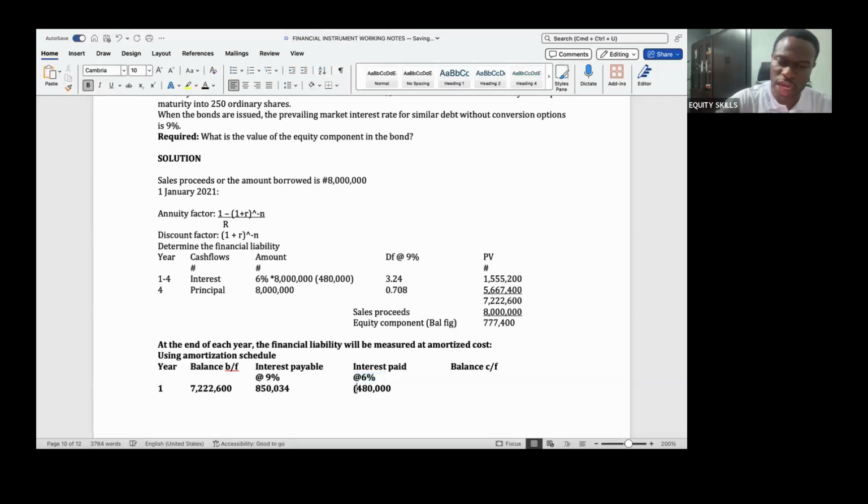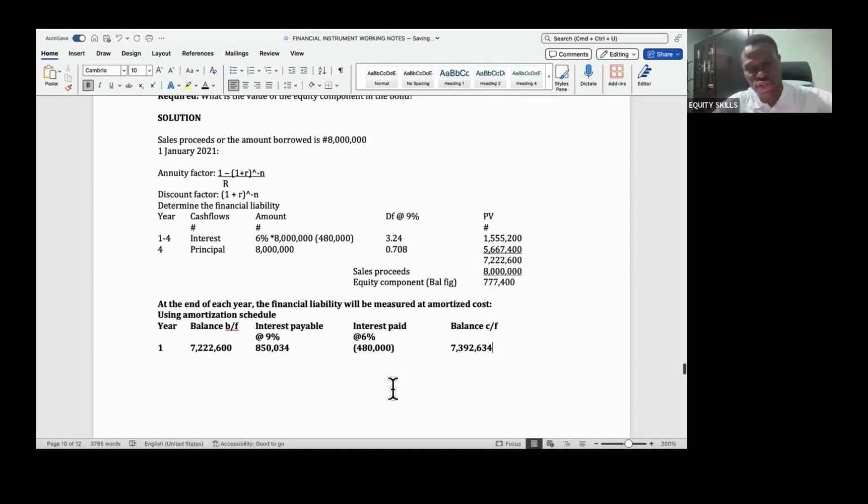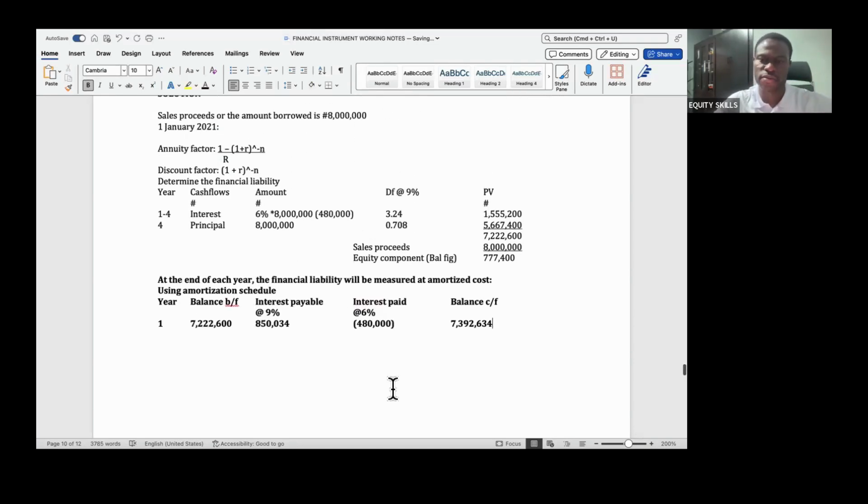That's the amount you would actually pay every year as interest. So what will be the balance? 7,392,634. So if you continue year 2, year 3, year 4, you will discover that at the end of year 4, the balance will be 8 million.